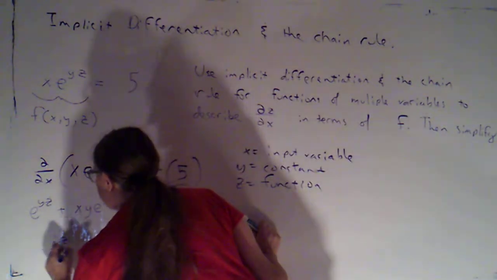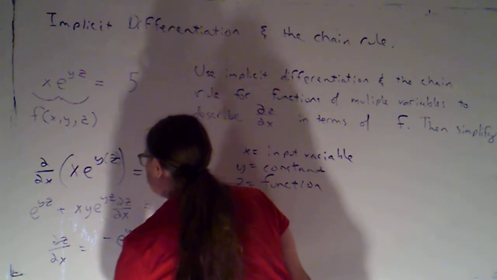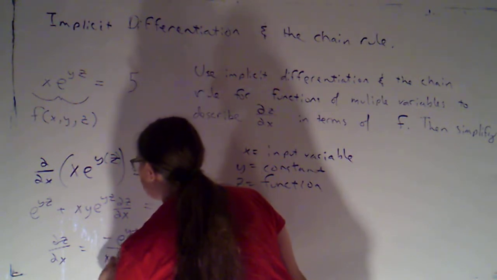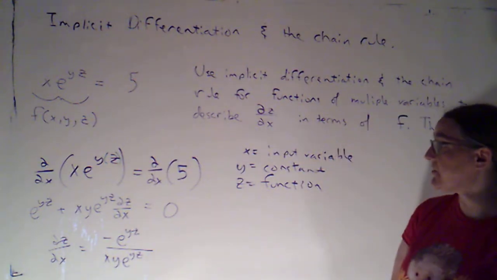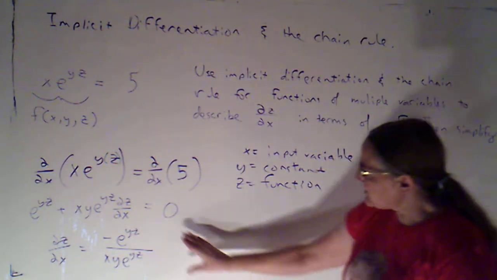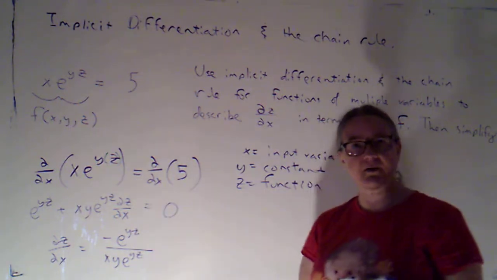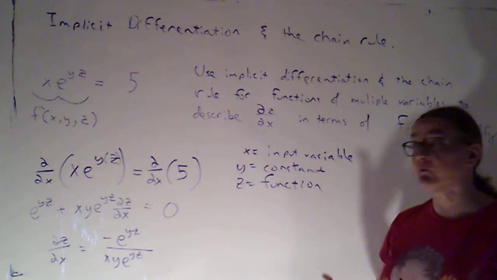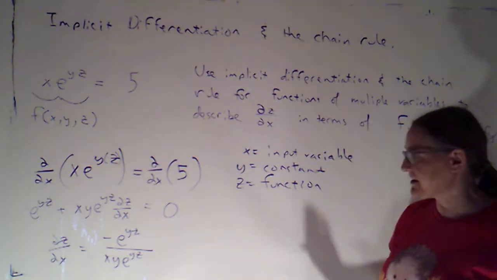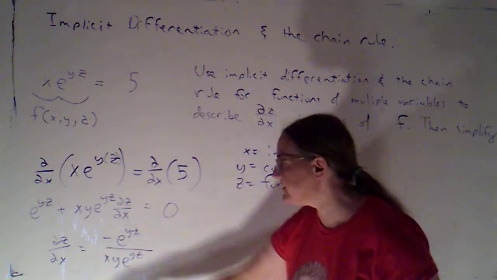So partial z, partial x, would be the opposite of e to the yz over x y e to the yz. As a general rule, I don't like to cancel things out of the denominator in my formulas because I don't want to lose information about any restrictions that I have. This formula is not going to be valid if x or y is equal to 0.